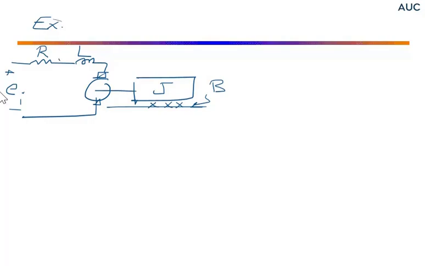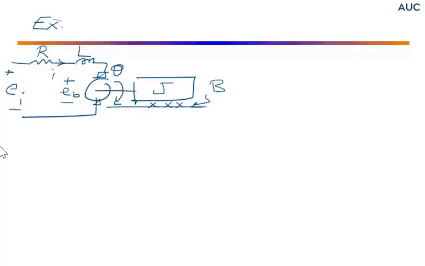That will produce a current I and a back EMF, we call it Eb. Accordingly, the current will produce a torque that will result in rotation of the mechanical system. Let's say the rotational angle is theta.